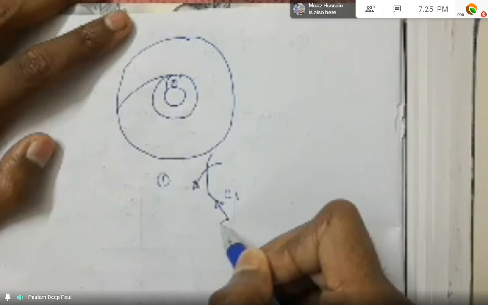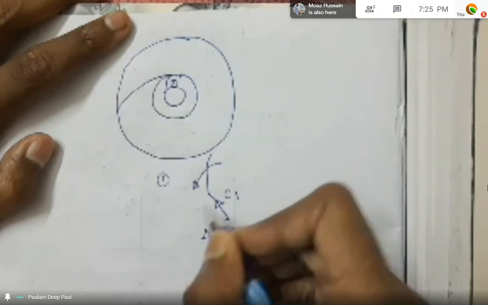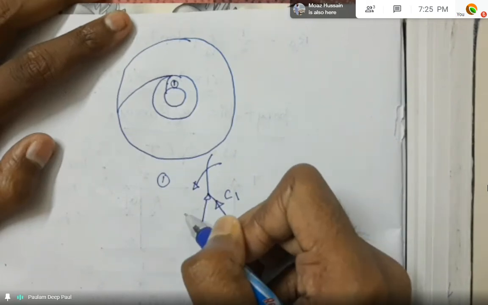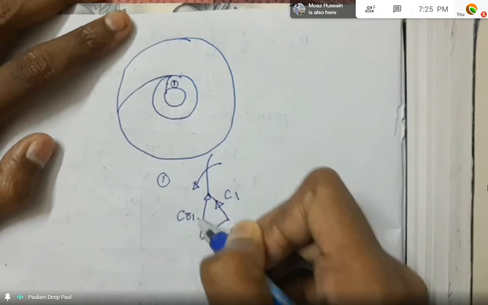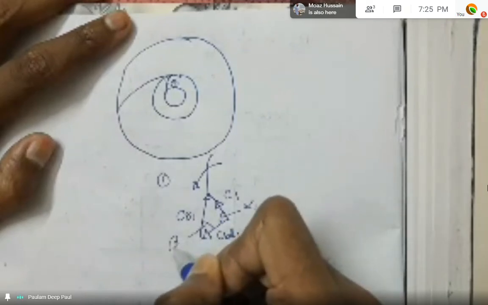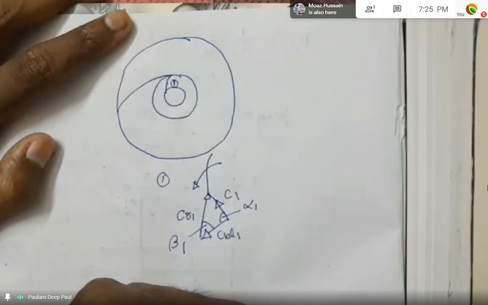So obviously the blade velocity would be cbl1 here, and if we connect these two, we get the relative velocity, that is cr1, with the inlet angle and the inclination same as in the axial flow compressors.